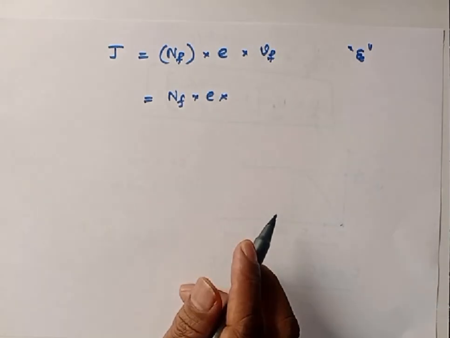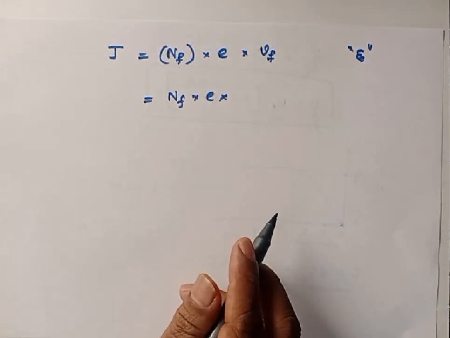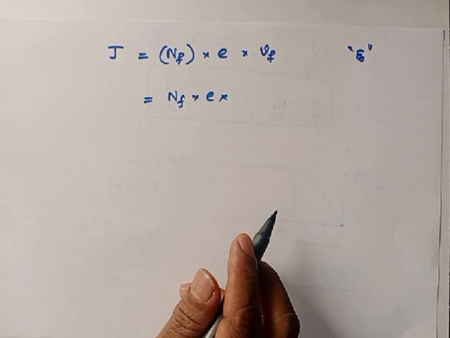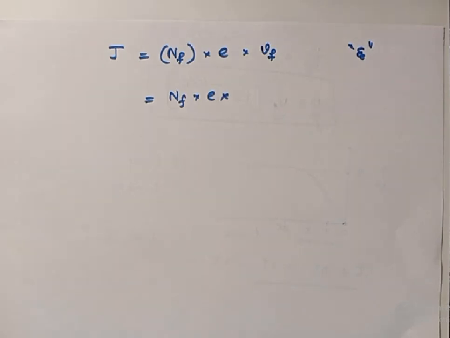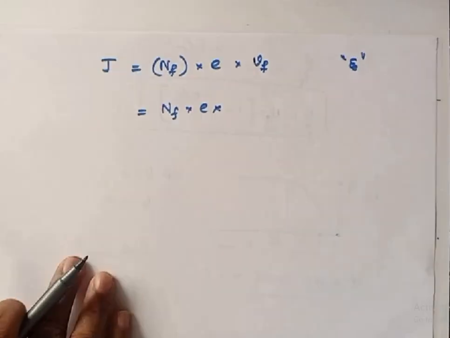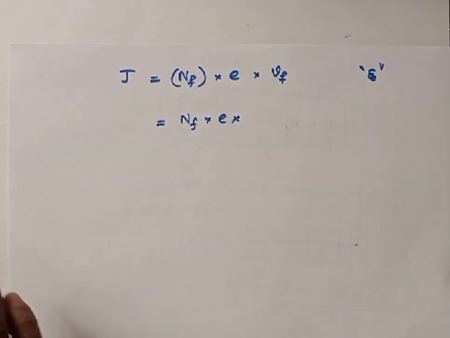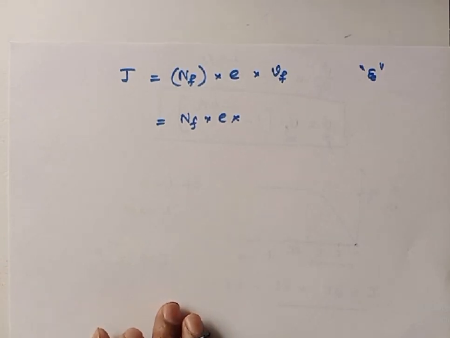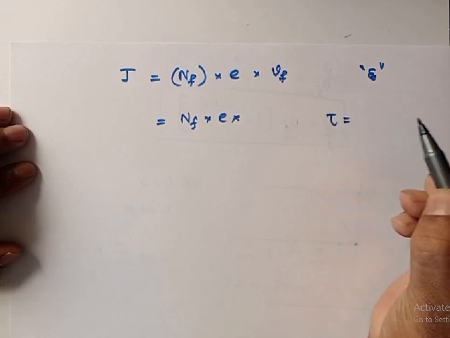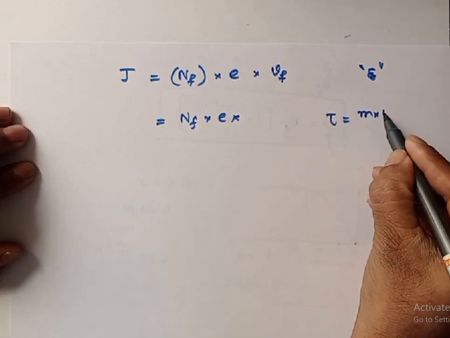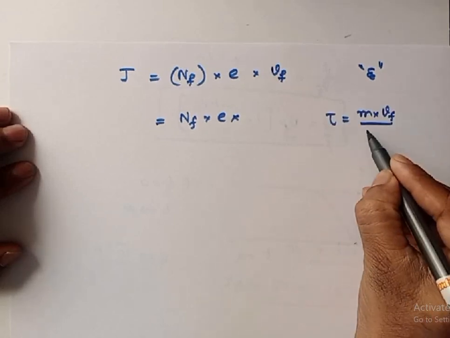Just go through the earlier pages. You can find the expression for the final velocity of the electron. See, we have written the expression for tau, right? What is tau actually? We know very well tau is equal to m into Vf by e into epsilon.